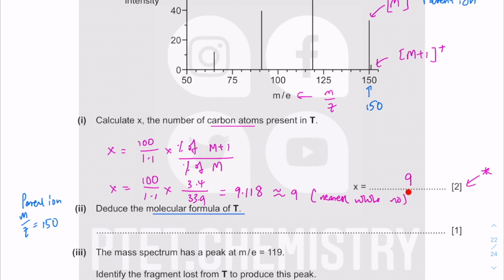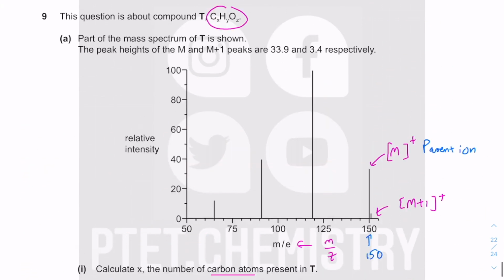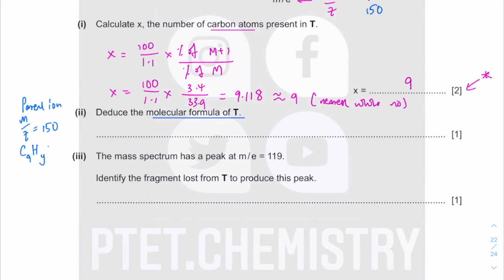I have 9 carbon atoms, so it's C9, and then H and O, HY or Z. So 9 carbon atoms is going to be 150 minus 9 times 12, because 12 is the relative atomic mass of 1 carbon, and I have 9 carbon. So 150 minus 9 times 12 gives me 42.